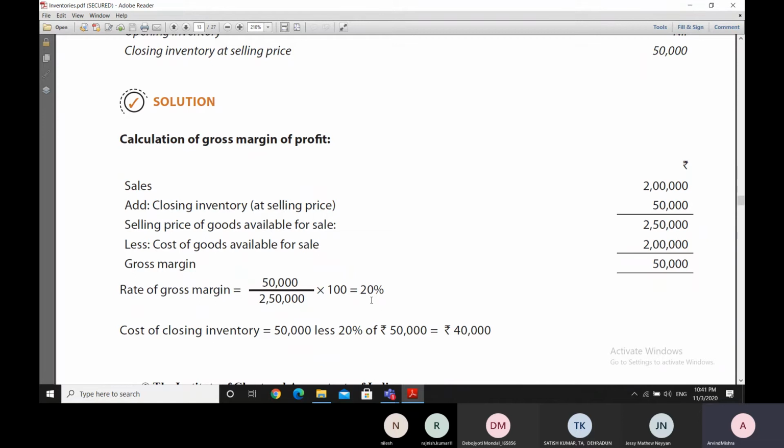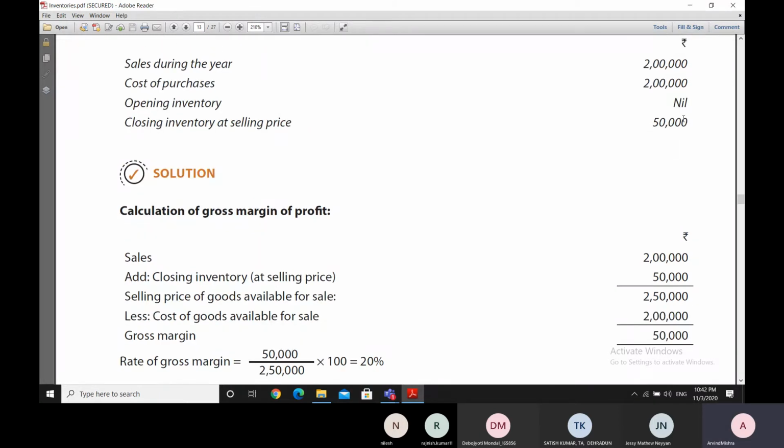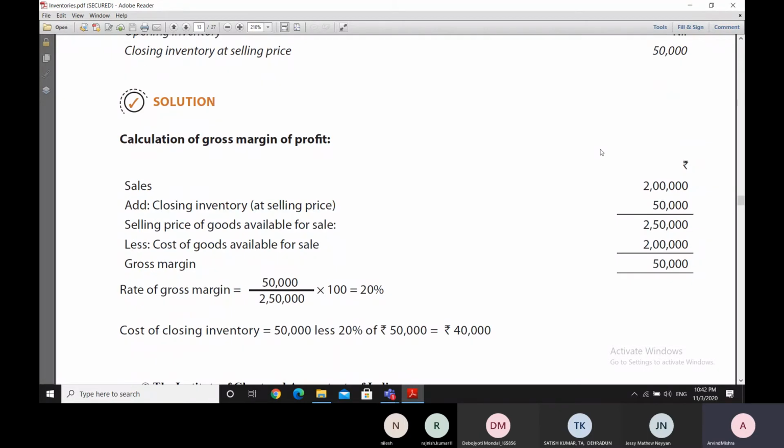And then we apply this 20% to the closing inventory, which is 50,000, because 50,000 is the closing inventory at selling price, and therefore the selling price of the closing inventory has to be reduced by 20% of 50,000, and 50,000 minus 20% of 50,000 is equal to 40,000.